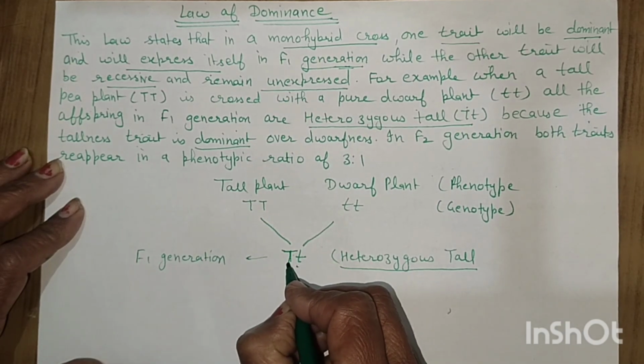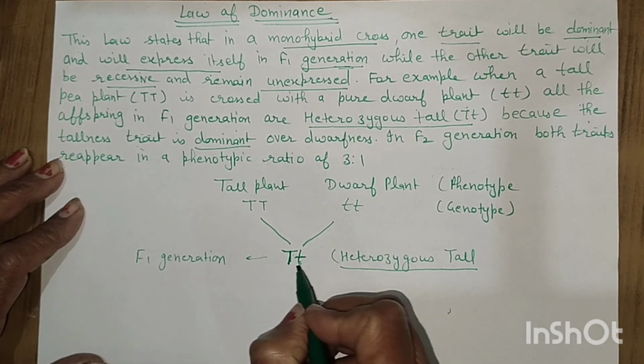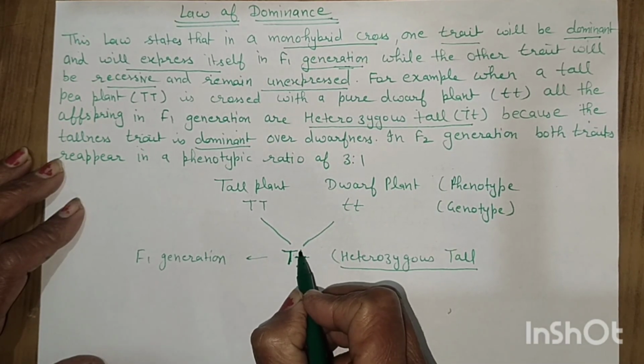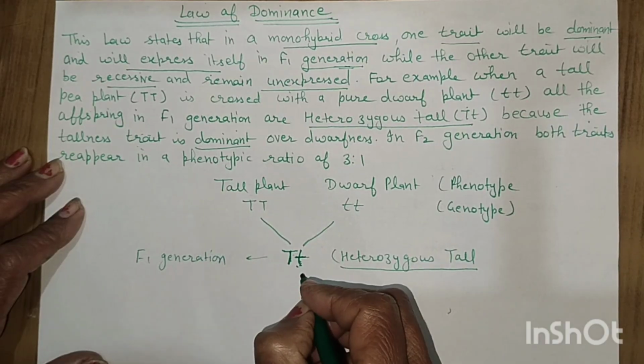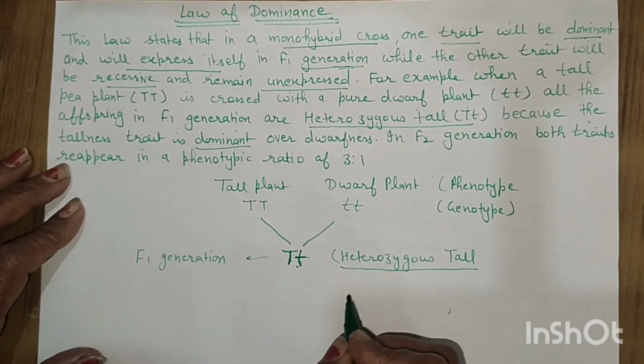This capital T is dominant and small t is recessive, and this is dwarf, but not showing its effect. It is present but in hidden form. In the F2 generation, both traits reappear.